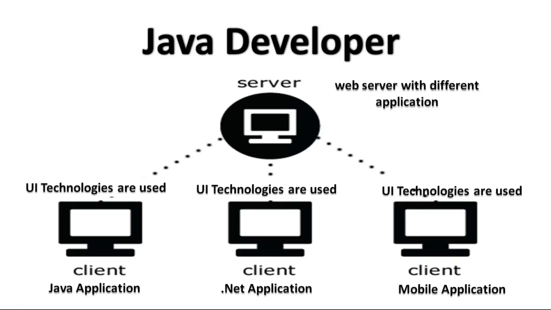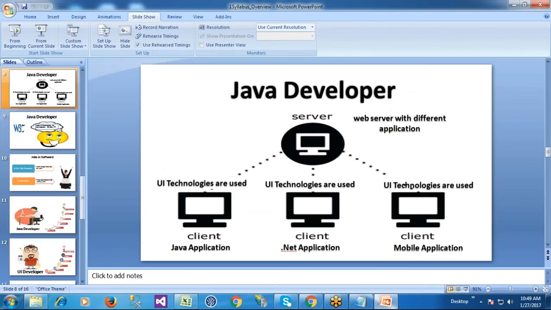So UI technologies are used in Java, .NET, mobile, and everywhere. If I learn HTML, CSS, JavaScript, Bootstrap, AngularJS, you can work in any company because every company needs UI developers. So that is the importance.